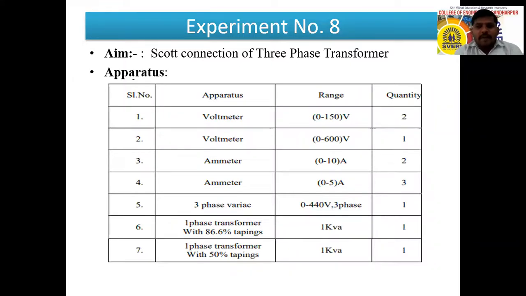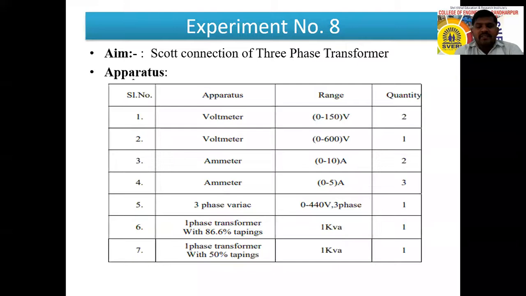Like that, for conversion of three-phase to two-phase, we require two transformers. One is called the main transformer and the second is called the teaser transformer.